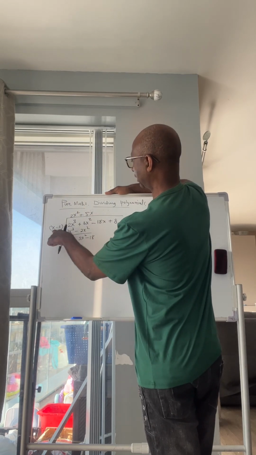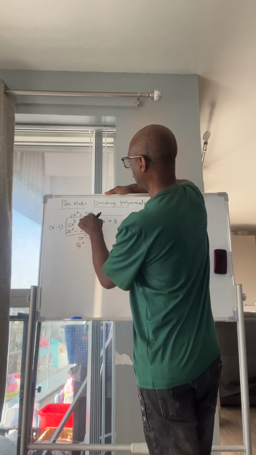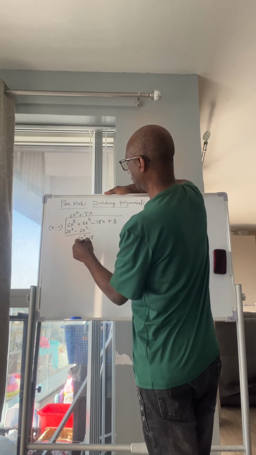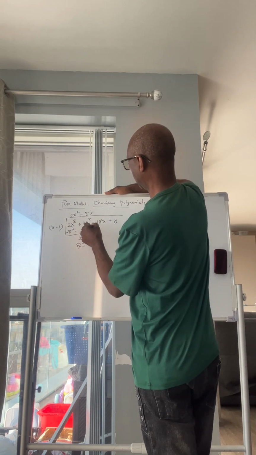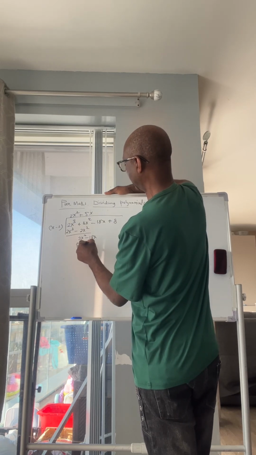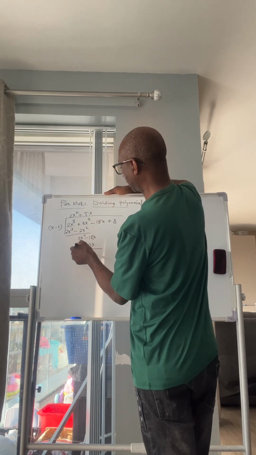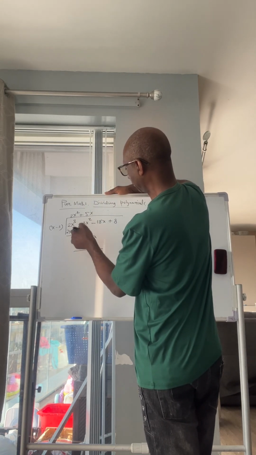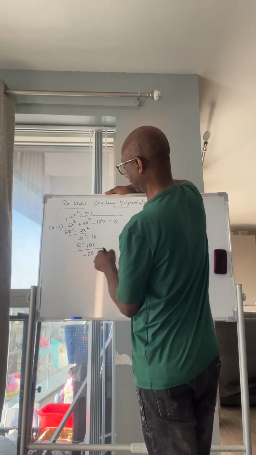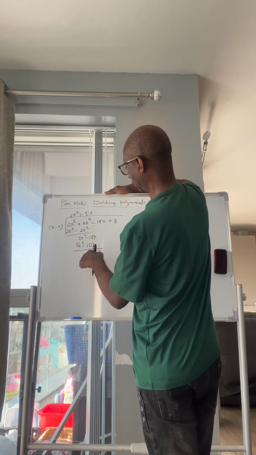So 5x times x, 5x squared. 5x times minus 2, you get minus 10x. Again, subtract, there is nothing left. Minus 18 minus 10, you get minus 8x. We now bring our plus 8 down.